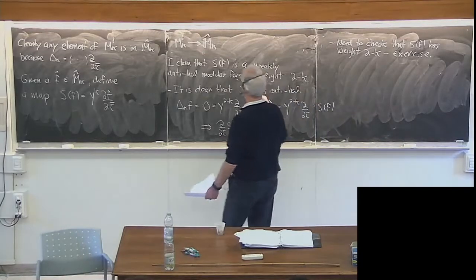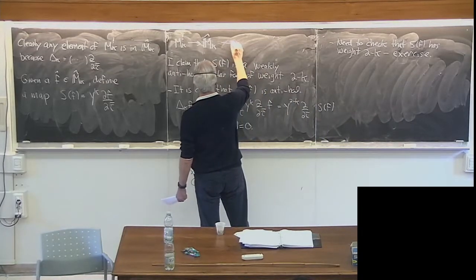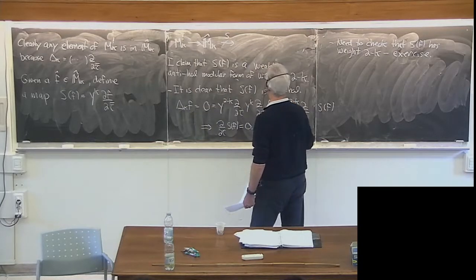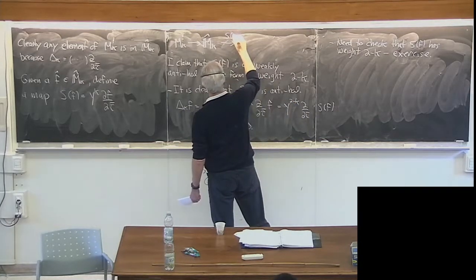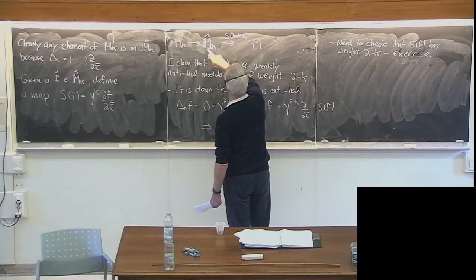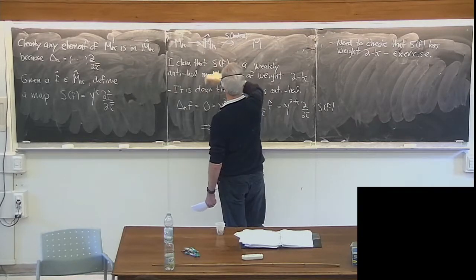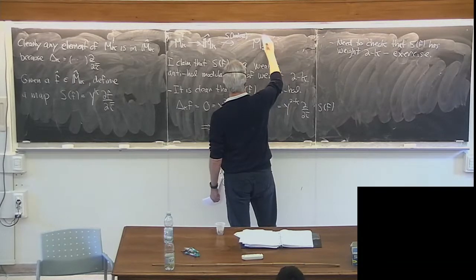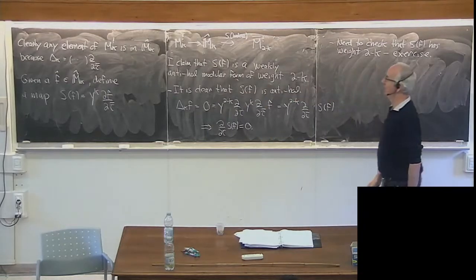So that means we also have a map, which I'll call S, which is known as the shadow map, which maps this space of weight k harmonic mass forms to a space that I'll call weight 2 minus k, with a bar. So the bar means anti-holomorphic.